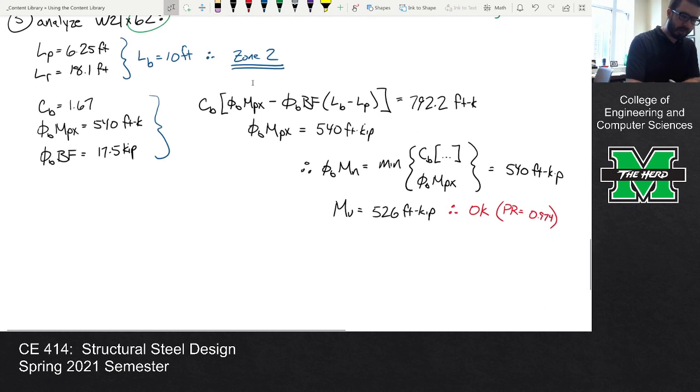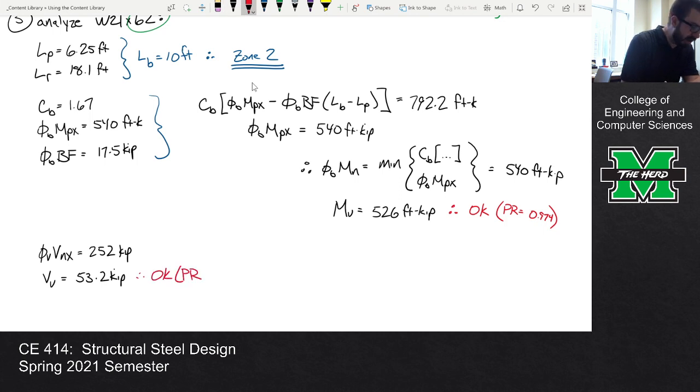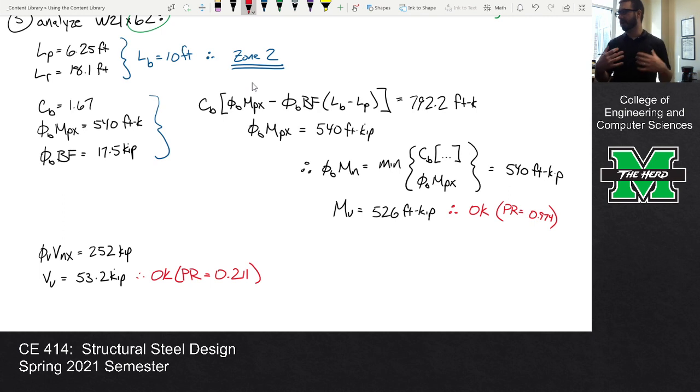Now, for shear, all we have to do is compare its phi V N, which if you look that up, you'll get 252 kips, to its VU. VU is 53.2 kips. So we know that's okay. And I have a performance ratio there of 0.211. Again, shear never really matters all that much. Really a small impact.